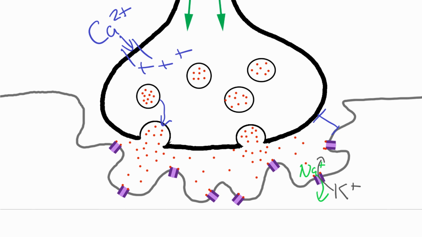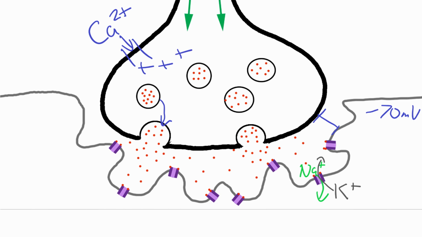But the sodium and potassium do not flow at equal rates. The sodium is flowing a little bit faster than the potassium is flowing. That means we're going to change the membrane potential. The inside of the membrane potential, which was sitting roughly around a negative 70 millivolts, is now going to start to change.